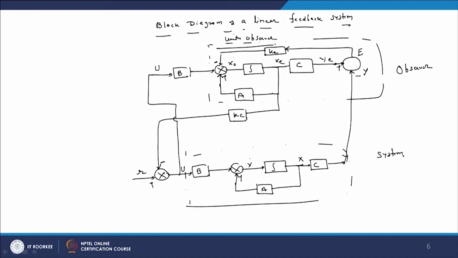Now we have seen the block diagram, and we have seen that the error is to be minimized, but how will you prove mathematically that this k matrix minimizes the error? Therefore, based on this block diagram we have to write down the equations.